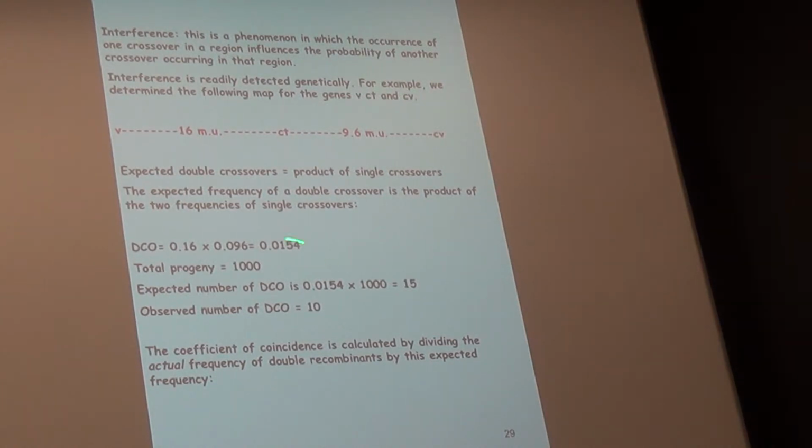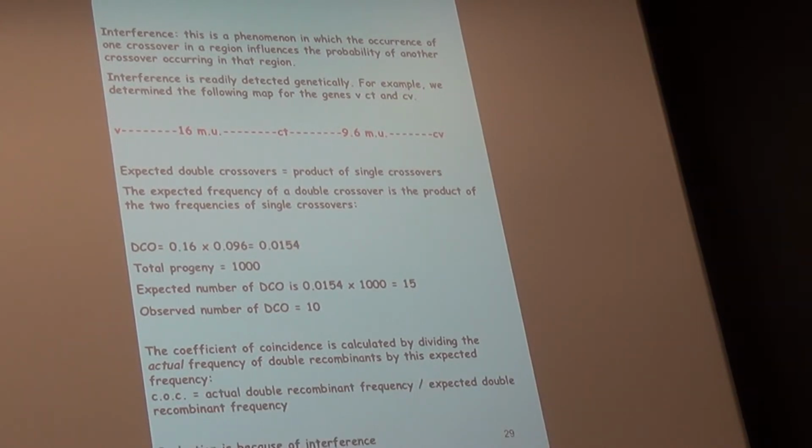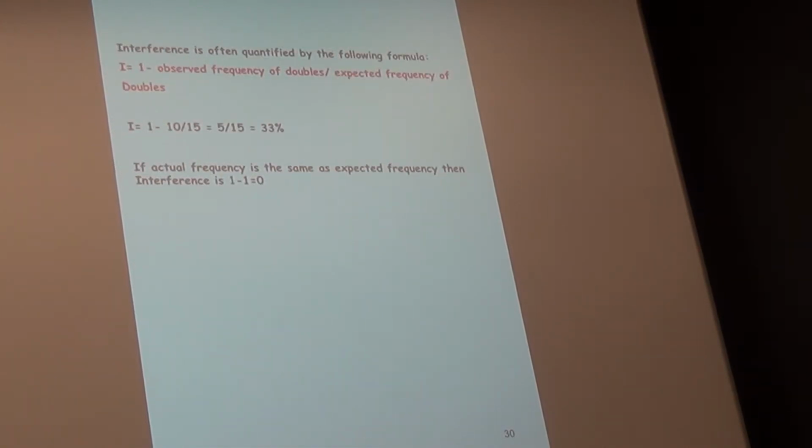And so that's what you can calculate as the amount of interference taking place in terms of the number of recombination events that should have been observed but were not observed. And the difference is recombination interference. And so you can calculate that as 1 minus the coefficient of coincidence.